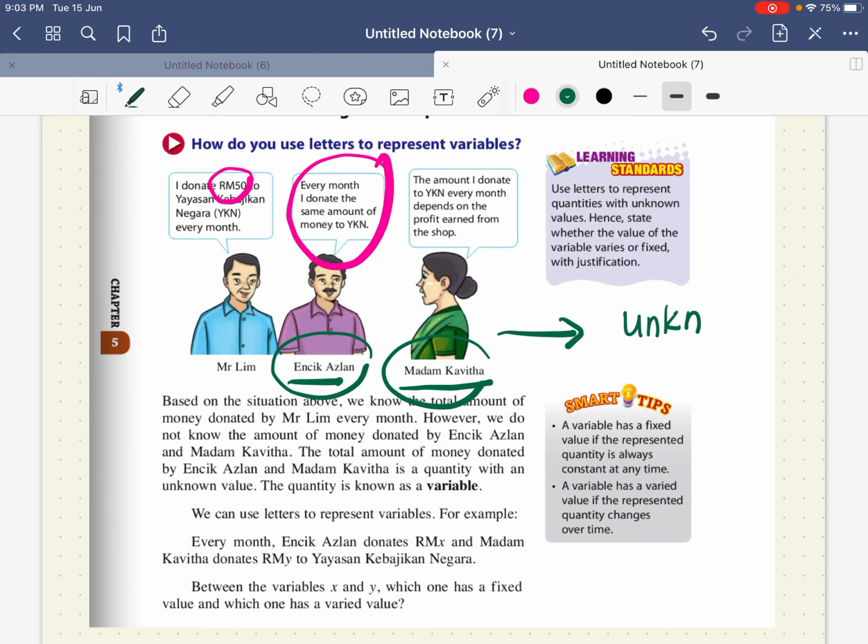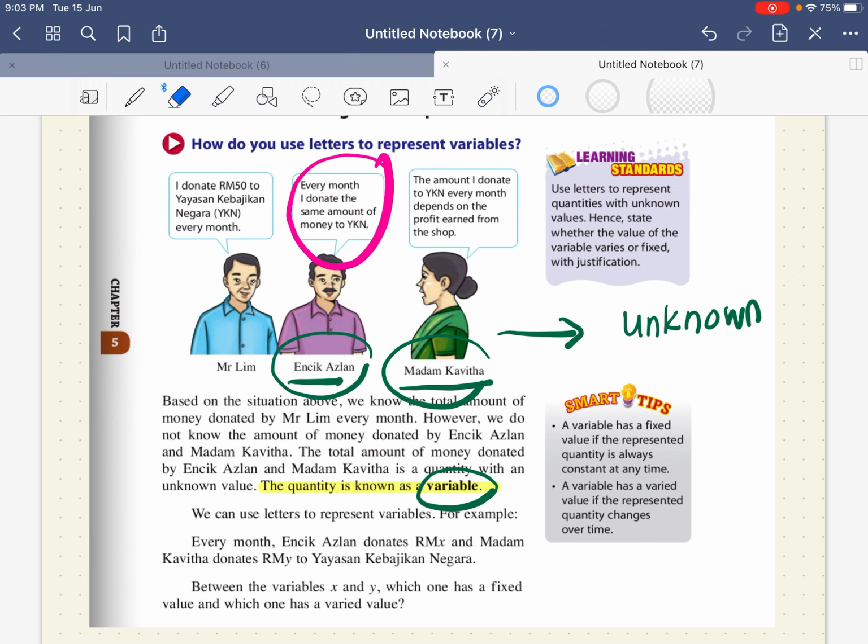Something we don't know, we call it a variable. Because we don't know. Mr. Lim's money going out is RM50. The money that he donates, RM50, we know. So RM50 here is not a variable because we know the value.